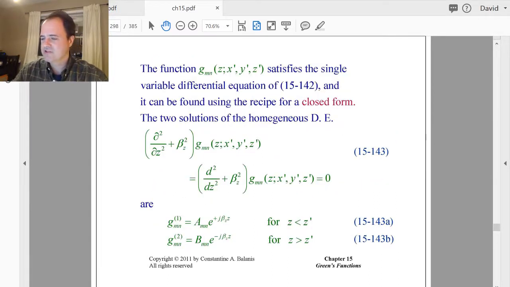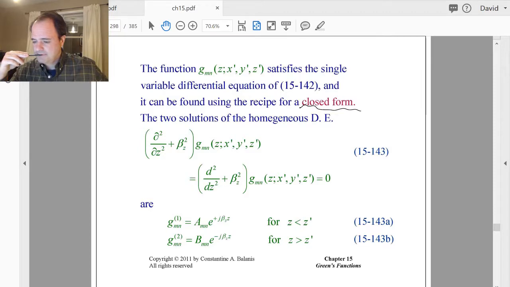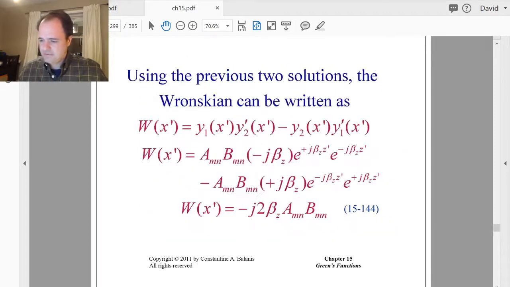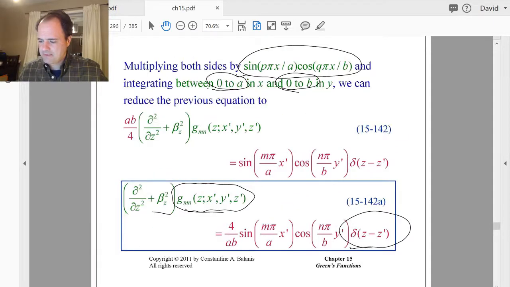So the function g of m satisfies a single variable differential equation and can be found using the recipe for a closed form. All right, so now we can use the closed form.